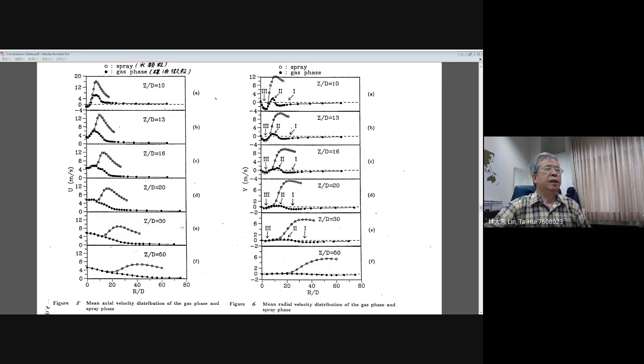Let's look at the behavior of the spray, that means the water droplets. Near the nozzle tip, you can see initially they have a very high velocity, maybe 15, let me see, this is 16 meters per second.